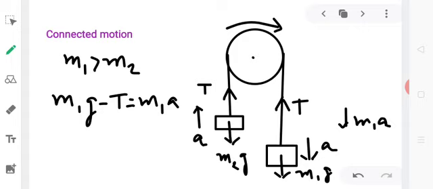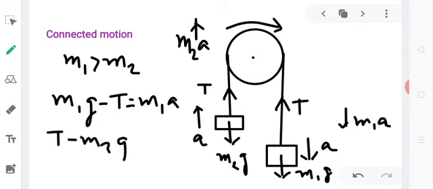Coming to the lighter body, the various forces are again the weight m2g acting downwards and the tension T in the string acting upwards. As this body moves upwards with acceleration a, the net upward force on it is m2a. So we can write down T minus m2g is equal to m2a.